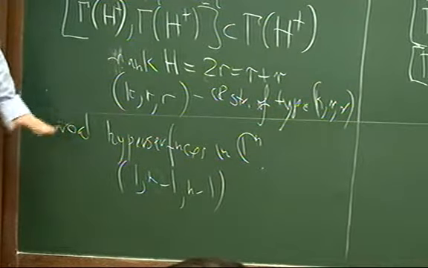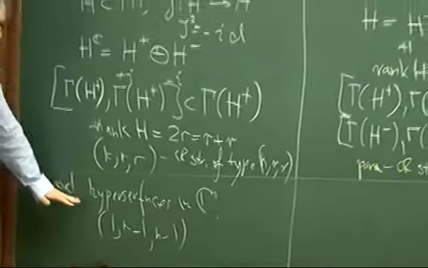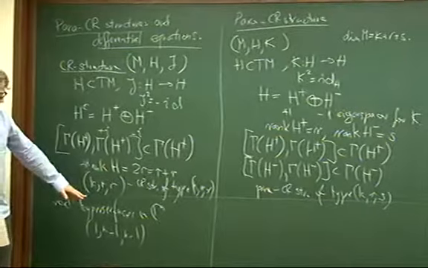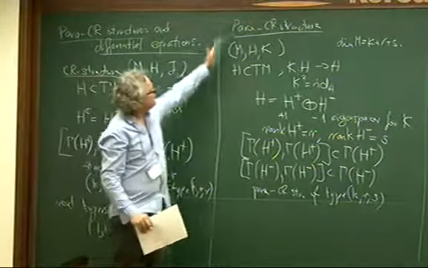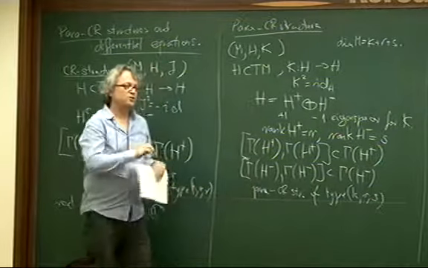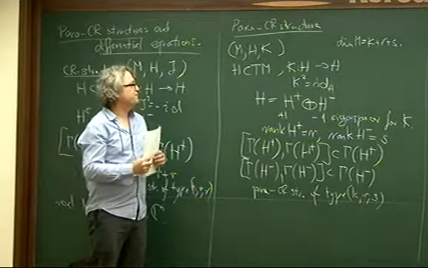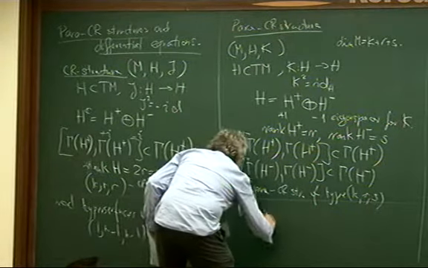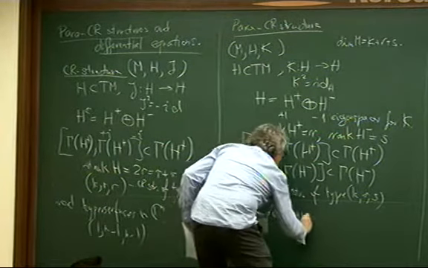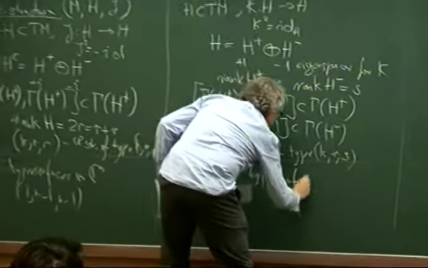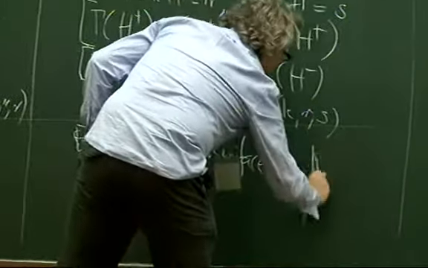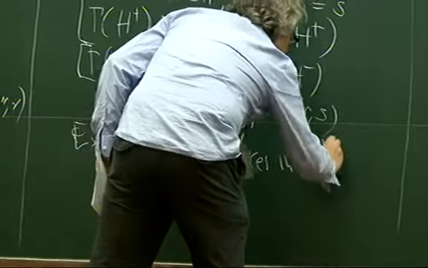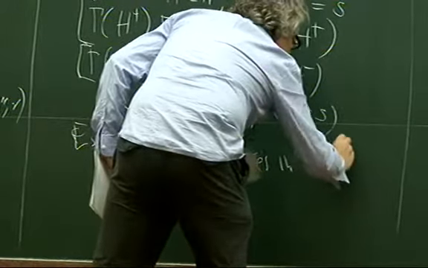So remembering that examples of CR structures can be obtained as real hypersurfaces in C^n, one can think about simplest examples here to just consider hypersurfaces in R^n plus some other n.